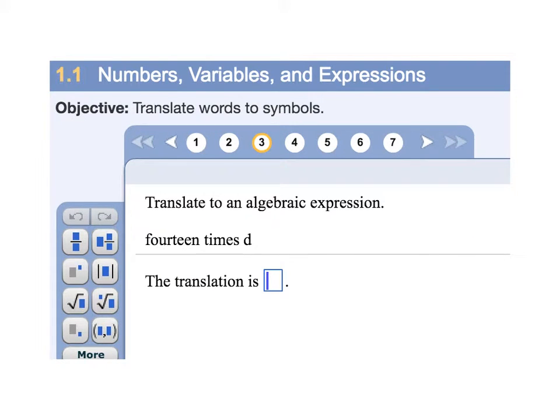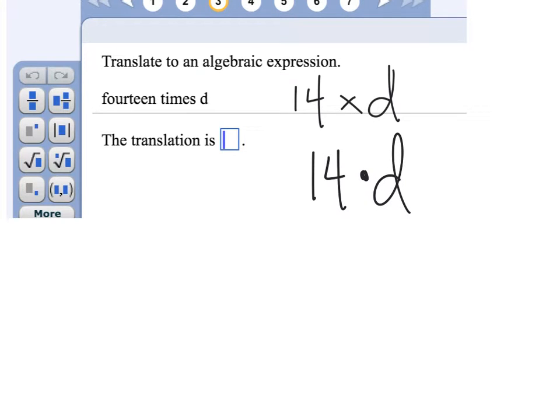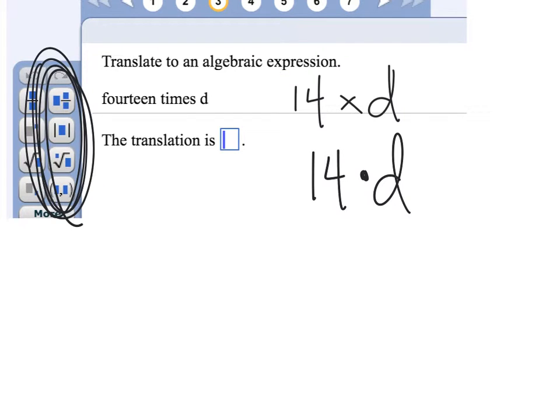So here the expression is 14 times d. One way you could write that is straight up 14 times d. But now that we're in algebra, we don't really want to use the x as our times symbol, because that could get confused with the variable x. So you've got a couple of choices. One way is 14 with a dot, and that might be one of those tools over here to give you that dot.